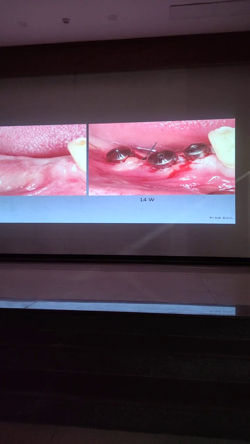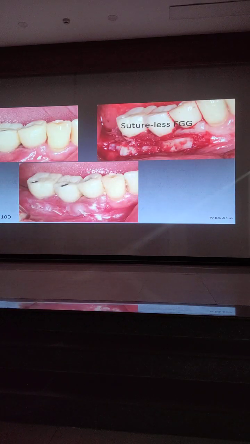Even though a huge defect was seen, the initial stability was good, so I waited for just 3 months and 2 weeks for recovery. Temporization was done. After 4 months, loading of the temporary restoration, I did the shift system. 10 days.